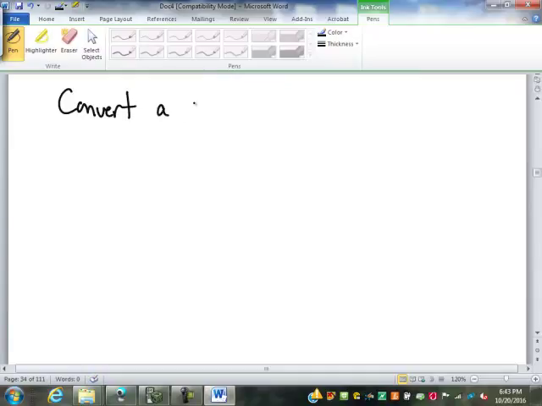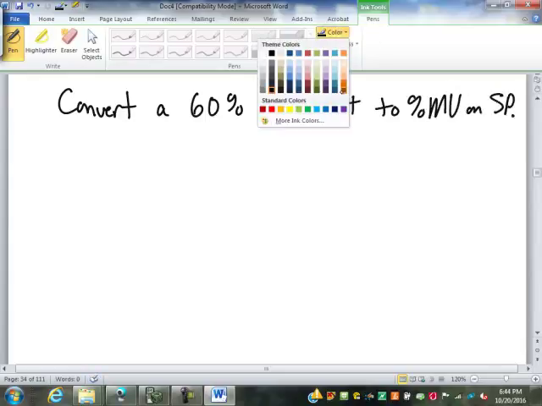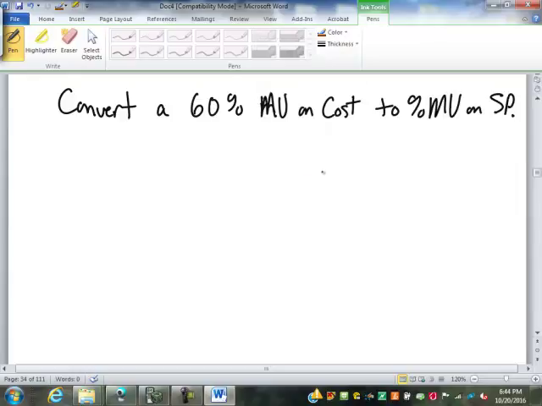Convert a 60% markup on cost to a percent markup on selling price. So this is an equivalent example to what we just did.